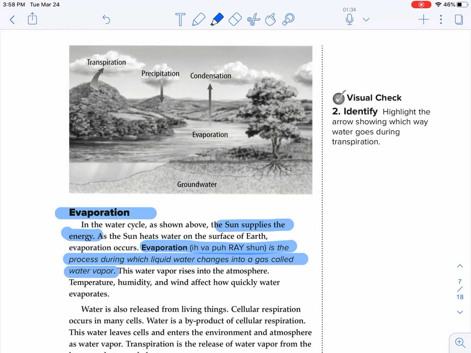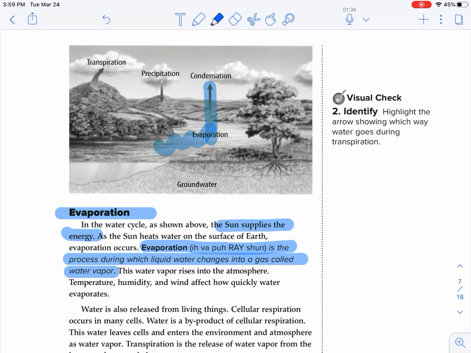So if we look at this picture here, our evaporation is this right here, going from liquid water, changing into a water vapor gas. This water vapor rises into the atmosphere.